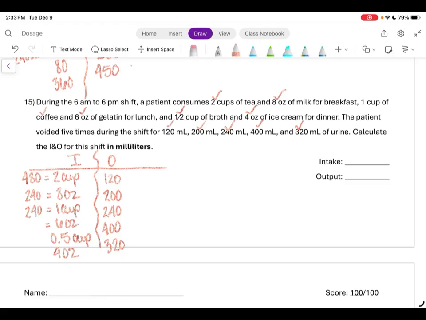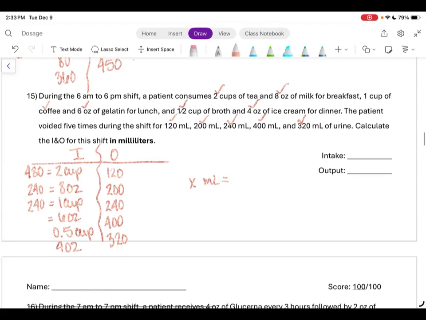Okay. The 6 ounces is a little harder, so I'm just gonna set it up in my dimensional analysis way. So I'm looking for milliliters, right? And I know that 30 mils is 1 ounce. So then I multiply by 6 ounces. Right, and we'll get 180. Okay. Half a cup.